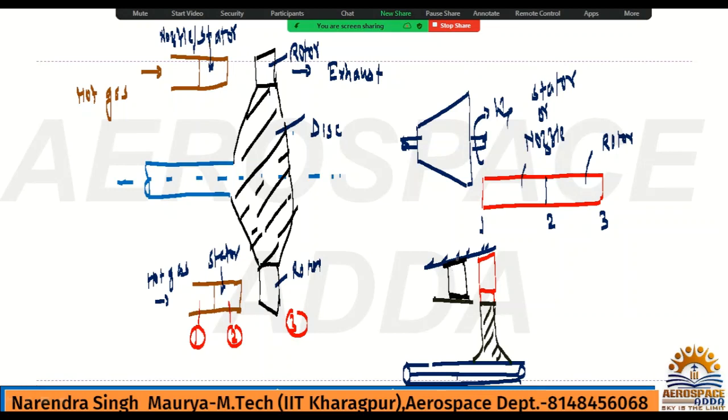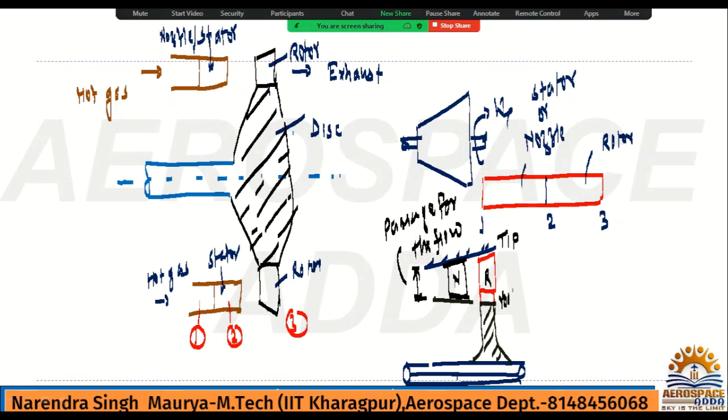Now passes for the flow. This is the nozzle, it is the stator, and this is the rotor. So this part is called the tip, and this is called the root.